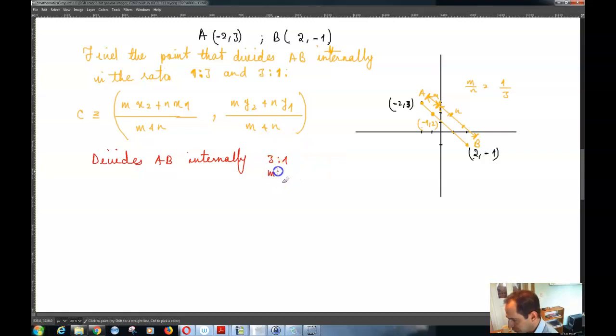What that means is that your m to n is equal to 3 to 1. That means that your m is equal to 3 and your n is equal to 1.